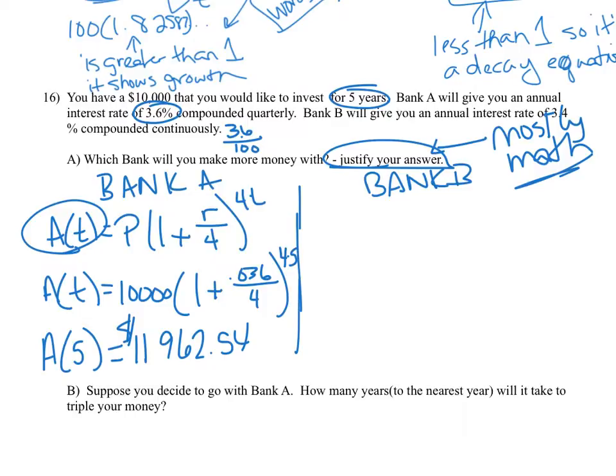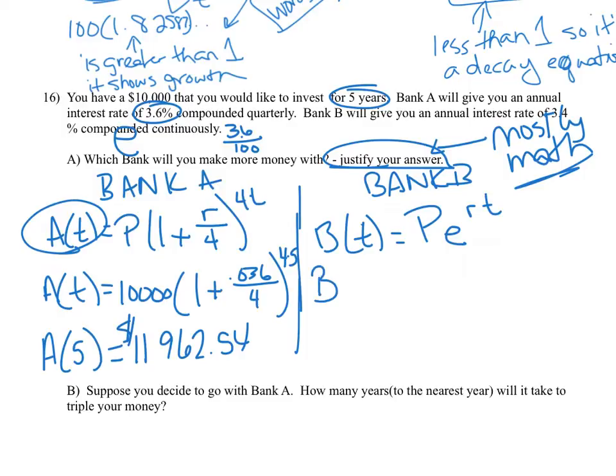Okay, compounded continuously. You remember the compounded continuously? That's the one with the e. It's the PERT formula. So bank B, I guess I should call it bank B. So B of t is going to be your principal times e to the rate times time.